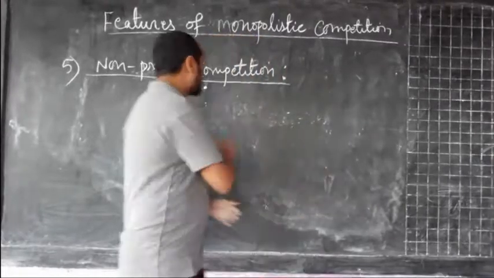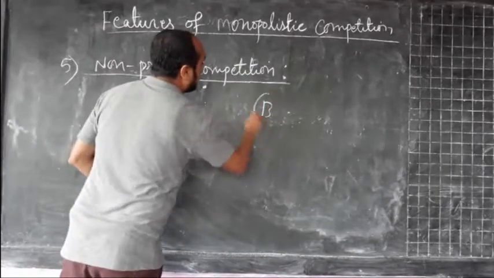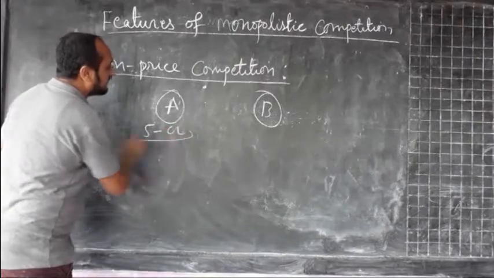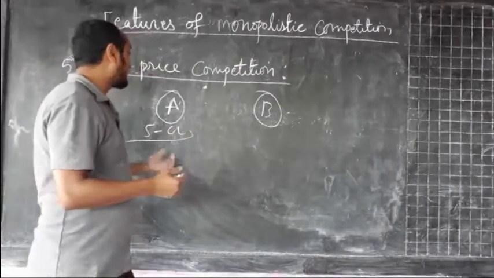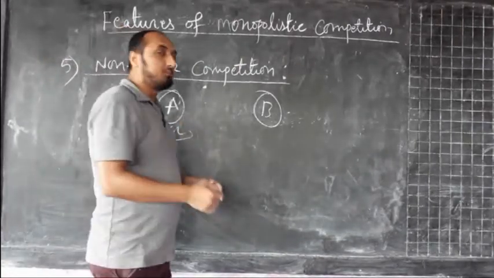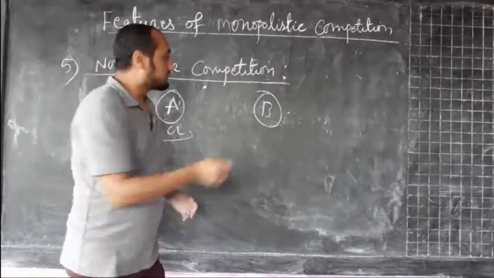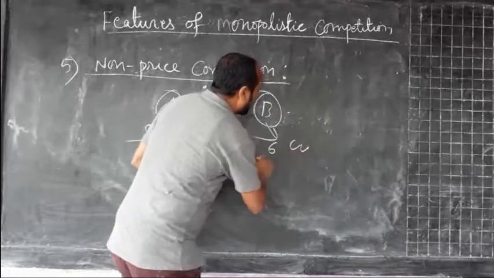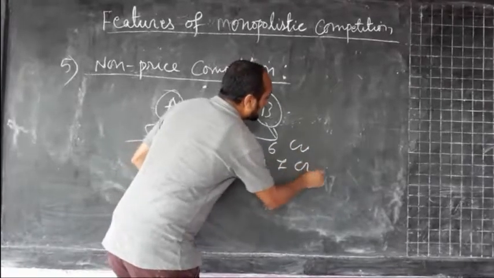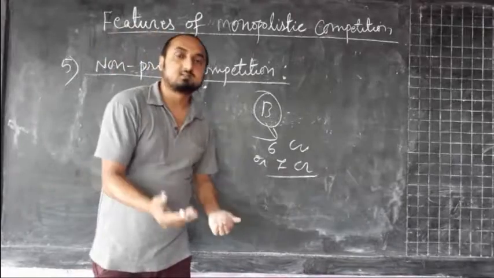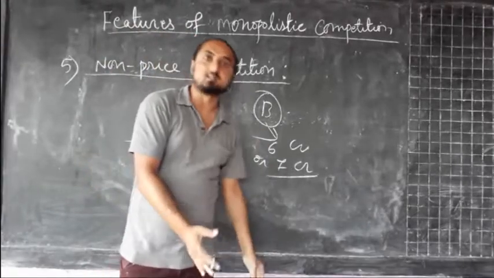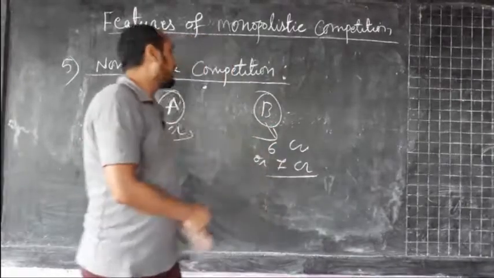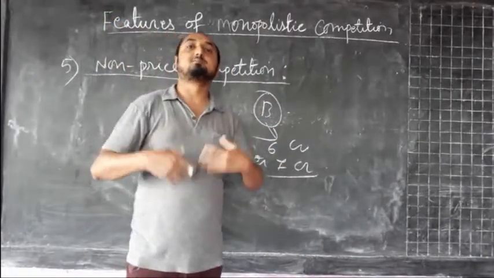Suppose there are two firms, firm A and firm B. Firm A may spend 5 crores for advertising product A, and similarly firm B is producing product B, so it may spend maybe 6 crores or 7 crores to advertise its product. So competition exists but not in terms of price, but in different forms. One of the forms is in terms of advertisement expenditure.